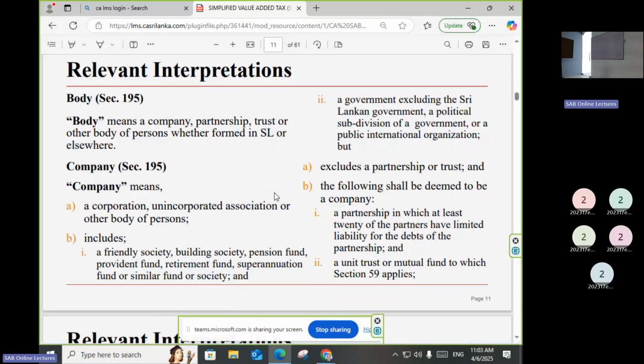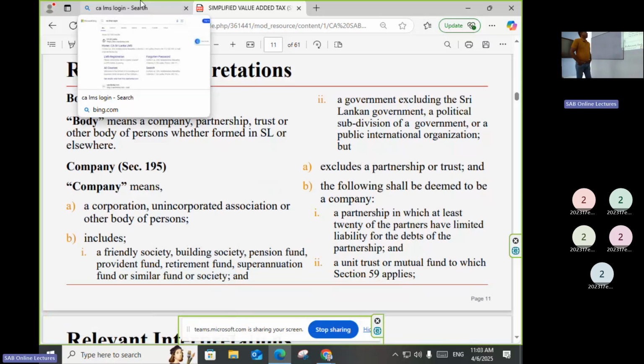It says corporation, unincorporated association, or other body of persons, and includes a friendly society, holding society, pension fund, provident fund, retirement fund, superannuation fund, or similar fund or society, and a government excluding the Sri Lanka government, a political subdivision of a government or a public international organization, but excludes a partnership or trust, because partnership or trust we are treating separately. Therefore, you can see the company definition.